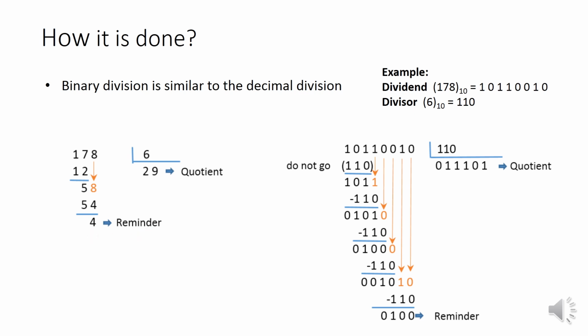Let's see what we are exactly doing in this decimal division. Because the first digit of the dividend is smaller than the divisor, we take the first two digits of the dividend to compare with the divisor 6 to see if it goes or not.